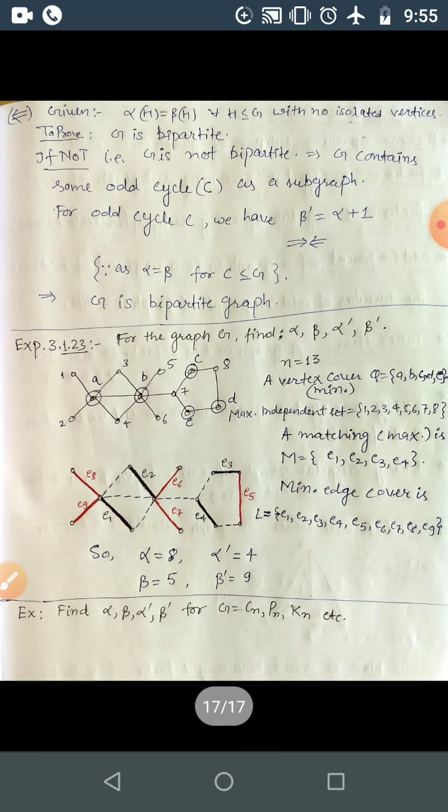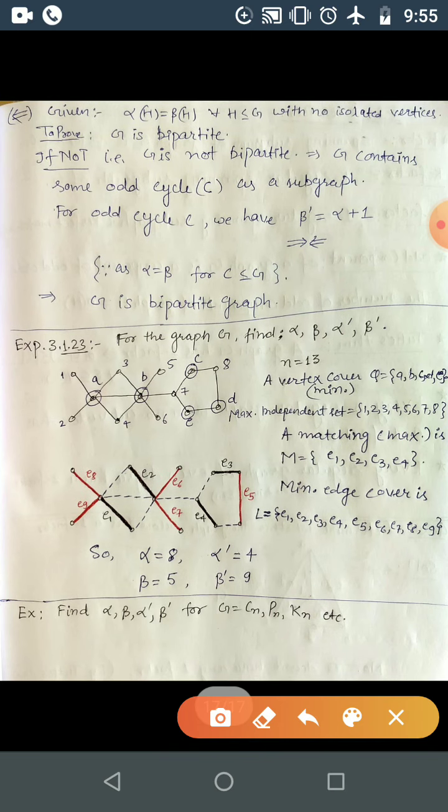Suppose G is not bipartite, then G contains some odd cycle. So if G is not bipartite, then G must contain some odd cycle as a subgraph.